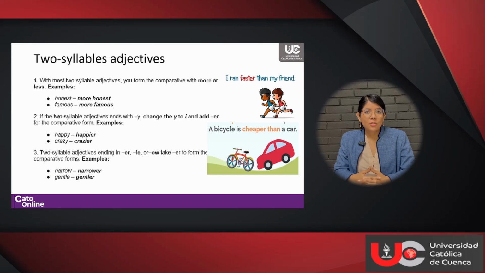The example is happy becoming happier and crazy becoming crazier. And lastly, two-syllable adjectives ending in er, le, or ow take er to form the comparative forms. The example is narrow, narrower, and gentle, gentler.